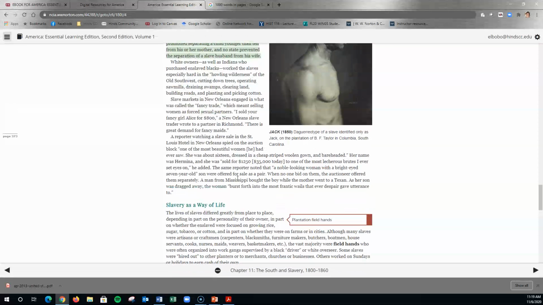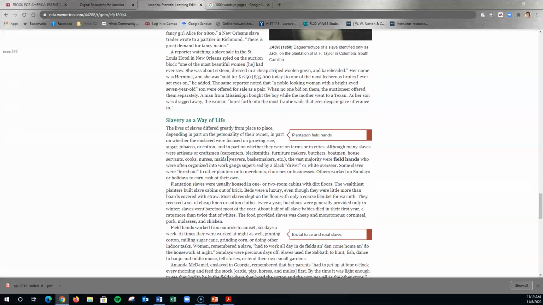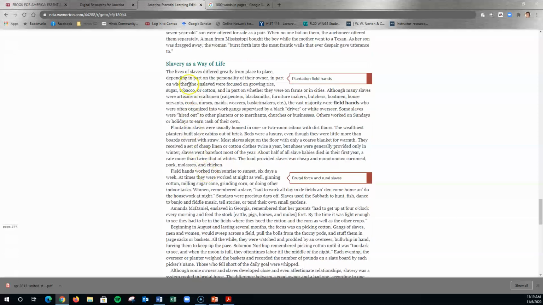It was brutal. Slave markets in New Orleans would sell slaves for sexual partners. It's horrible that slavery was so accepted that buying and selling human beings on the street corner was just accepted in these areas.